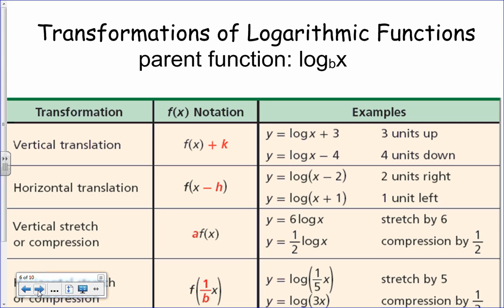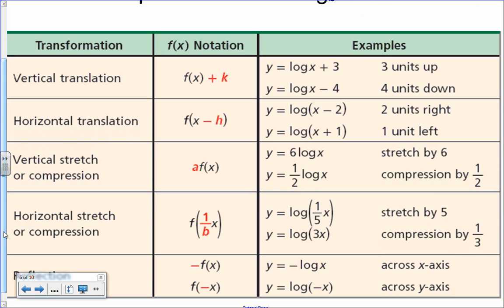Now let's move to logarithms. When you talk about logarithms, their transformations are more similar to the transformations of quadratics. Same concept. Stuff on the outside is vertical. Stuff that's added is a translation. So, for instance, here, plus 3 is up 3.